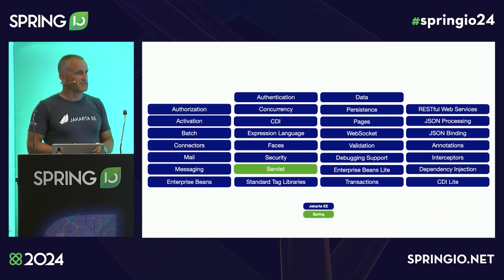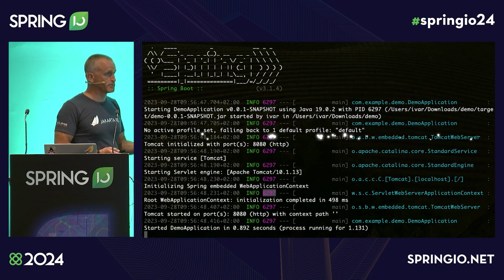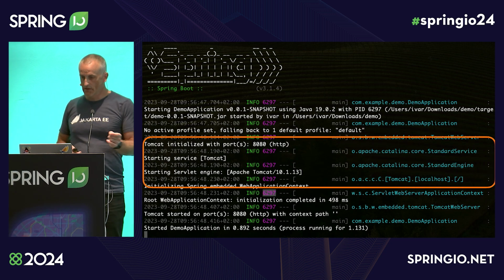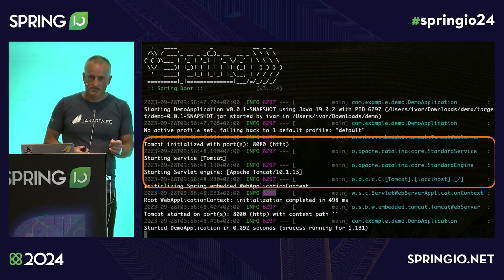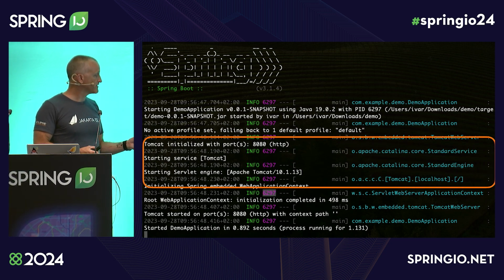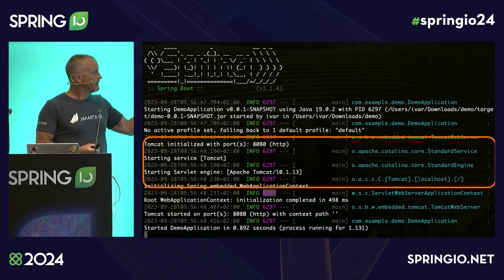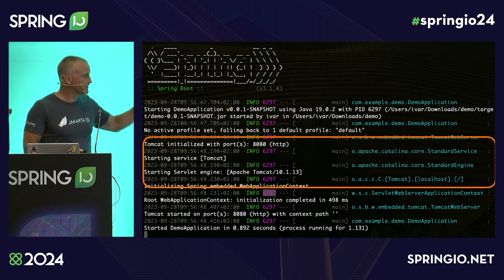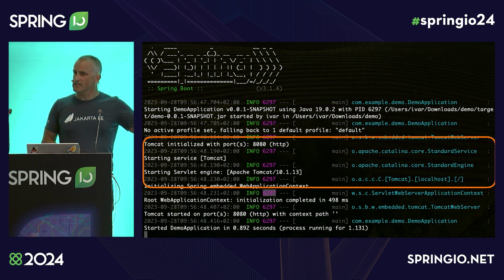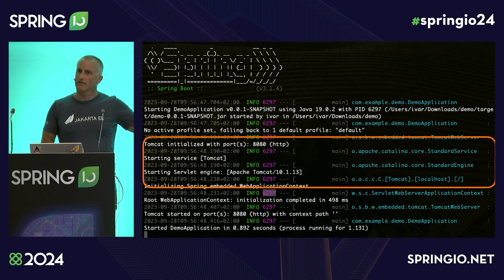Servlet is another thing. So if you notice when you start Spring Boot, what it says in the middle: starting service Tomcat, starting servlet engine, Apache Tomcat 10. And this is a previous version of Spring Boot. I can't exactly remember which version it is, but I think the baseline there was Jakarta EE 9.